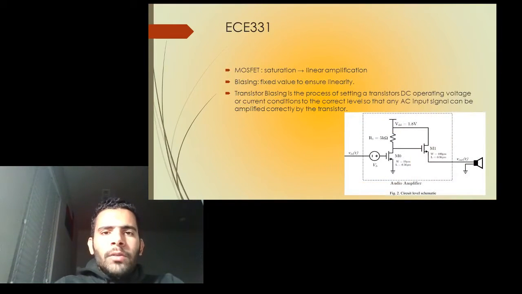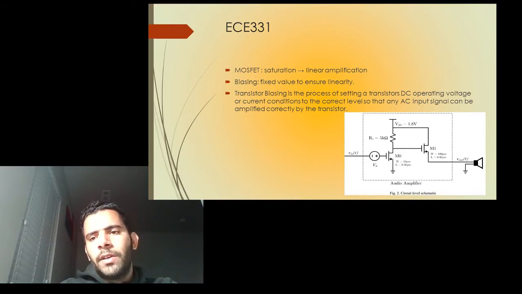So when we come to ECE 331, we have in the circuit, as we can see, 2 MOSFETs, and both of them, NMOS, are operated in the saturation region to ensure linear amplification.